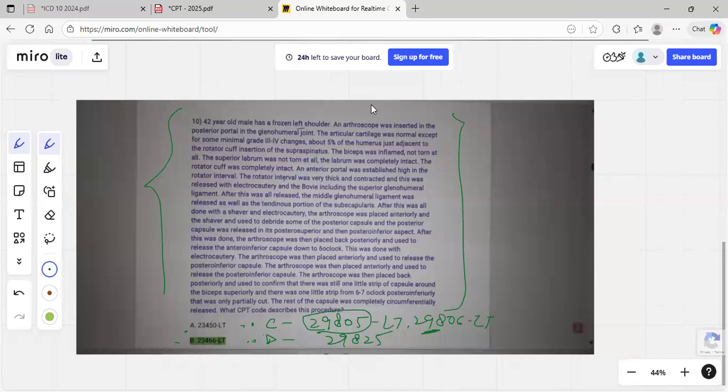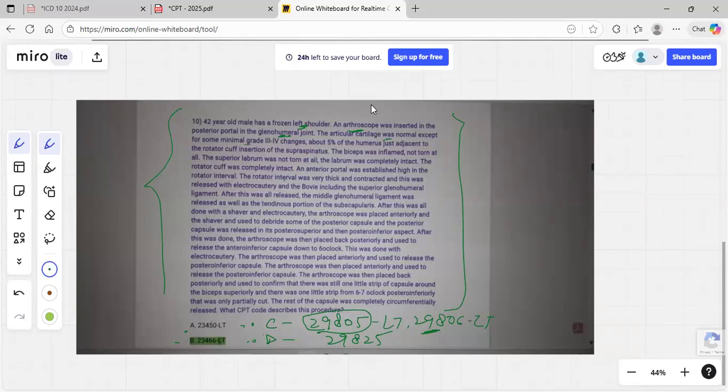Our question is, the patient had a frozen left shoulder, an arthroscope was inserted. So the arthroscope was inserted in the glenohumeral joint. Cartilage was normal.